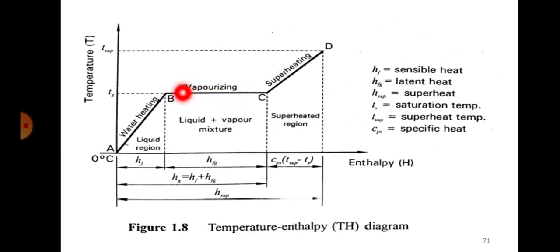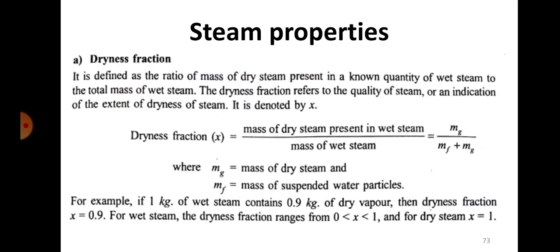If you come here, it may be only 10% dry. That means 90% of that is still water. Only 10% vapor has formed. Or when I come here, it may become 90% dry steam. So this is called the dryness fraction. How dry the steam is. So here it may be 90%, or it varies at different points. So that is what you mean by dryness fraction. So how do you define that?